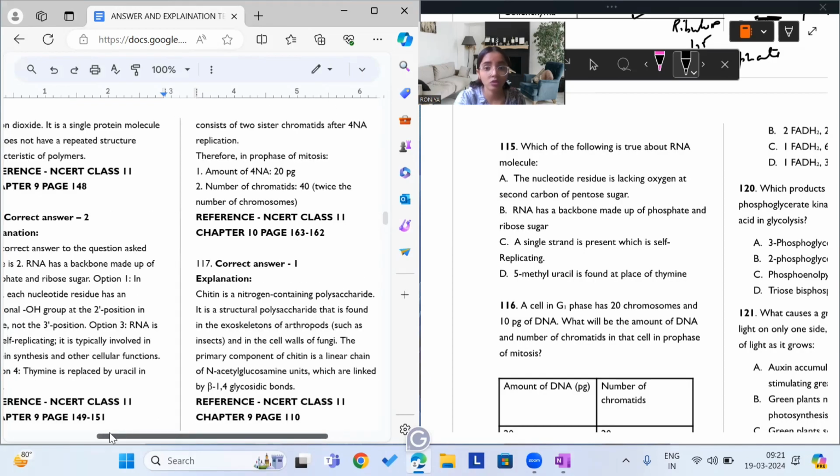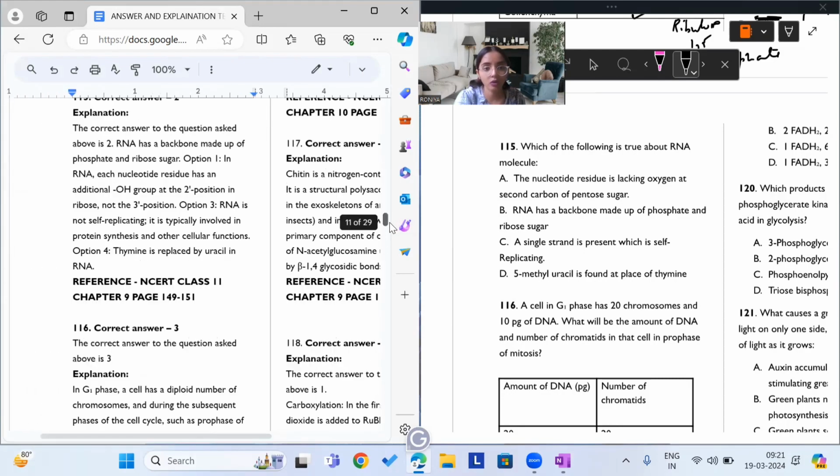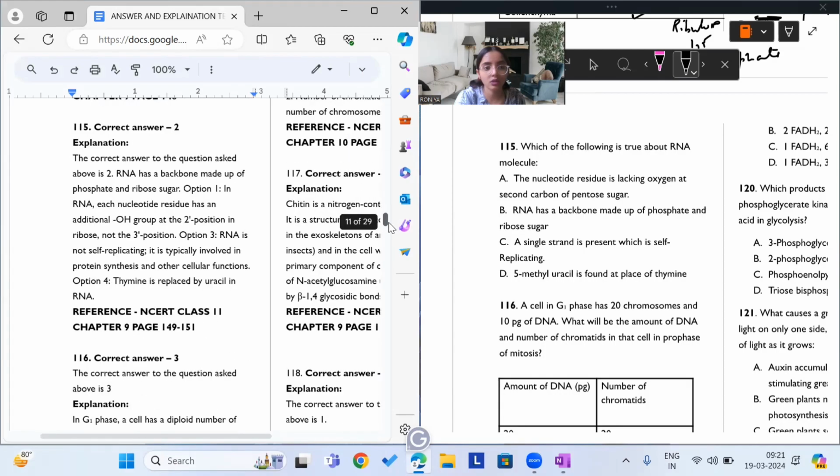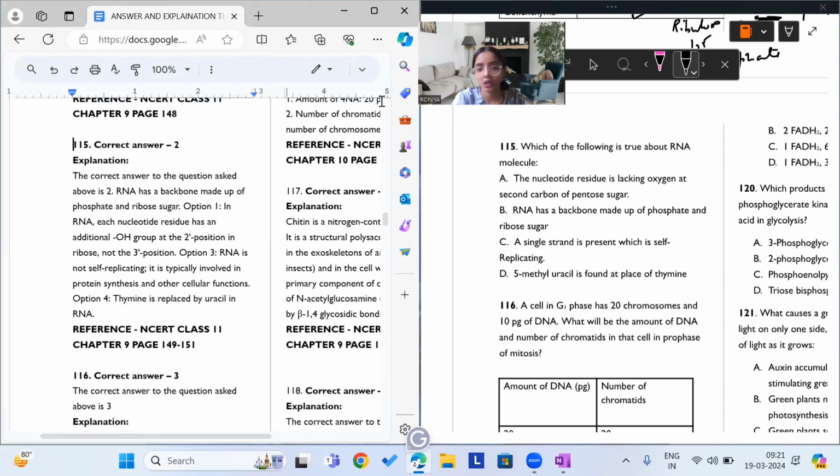So this was about question 114. Moving on to question 115. Let us see, what does it say? It says, which of the following is true about RNA molecule? See, the nucleotide residue is lacking oxygen at second carbon of pentose sugar.